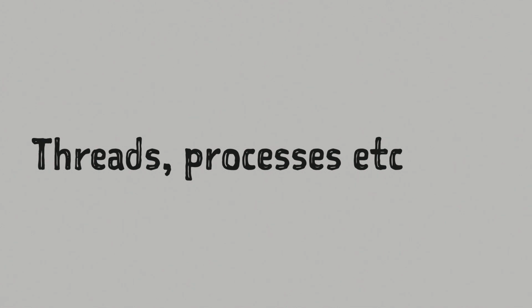So that was the intro on the 3 layers, and now I want to dive into the first aspect of working with databases and working with Room, which is, let's talk about threads, processes, etc. The reason I wrote processes here is because for SQLite itself, there's no difference. SQLite doesn't care if you're using multiple threads or multiple processes.